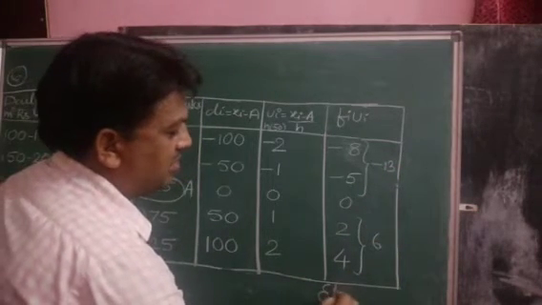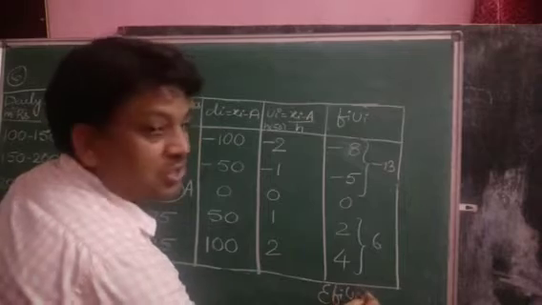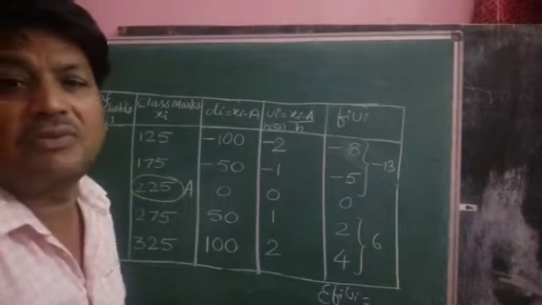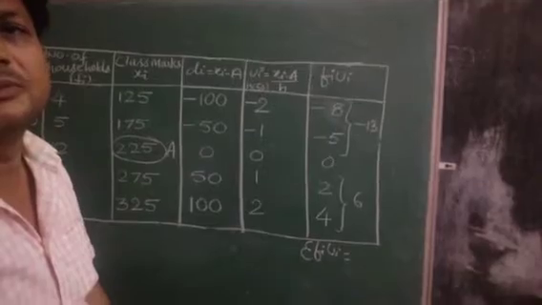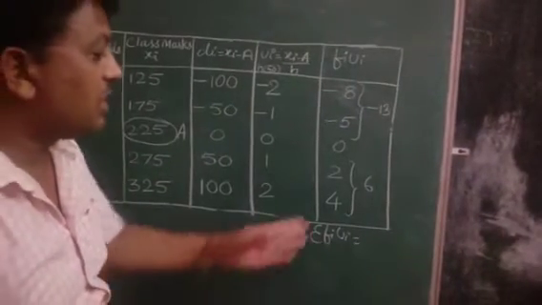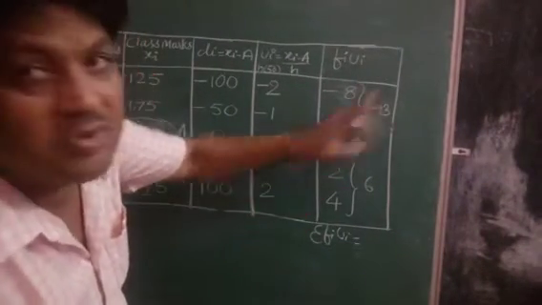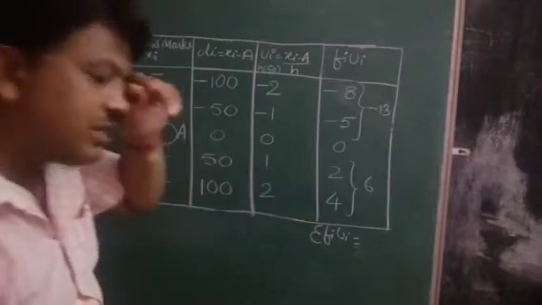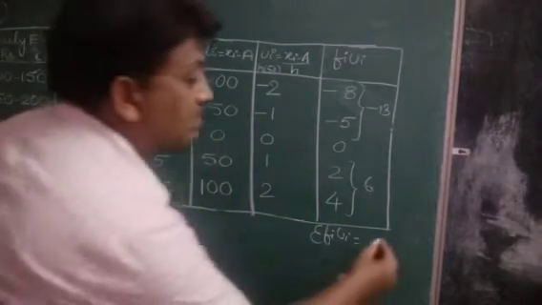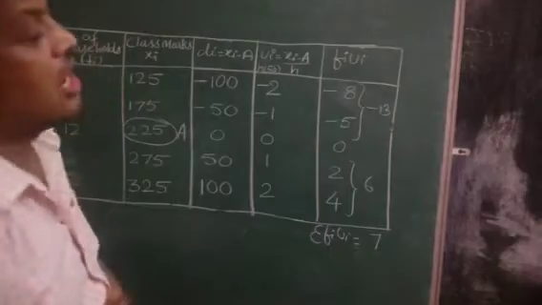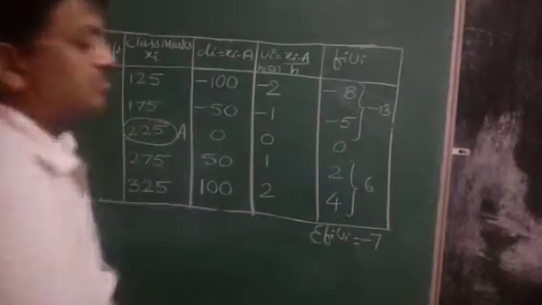So sigma fi ui is equal to how much, children? Negative value is 13 and positive value is 6. The difference of 13 and 6 is 7, and negative is bigger, so minus.